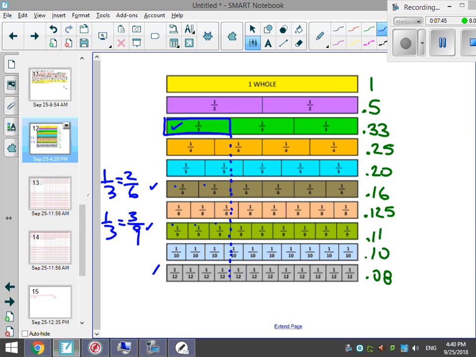So you start to understand a sense of number. Why did I put these decimal numbers over here? Well, you can check your work. We know that 1/3 is .33, but 2/6, each sixth is 0.16. And if you were to add those together, this one would equal actually decimal .32.